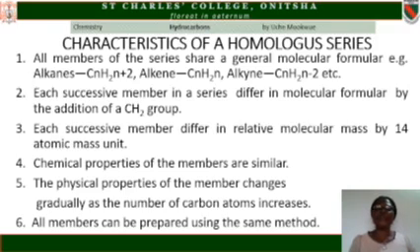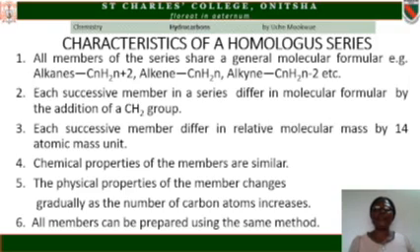Number 2, each successive member in the series differs in molecular formula by the addition of a CH2 group, meaning that the difference between the first member and the second member of a series is CH2, and even the difference between the second member and the third member is also CH2, and so on.